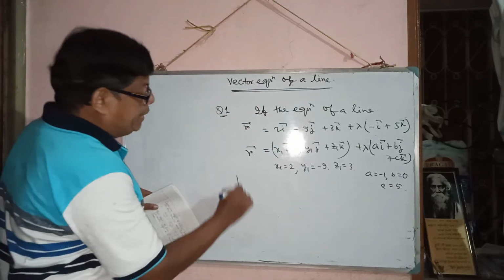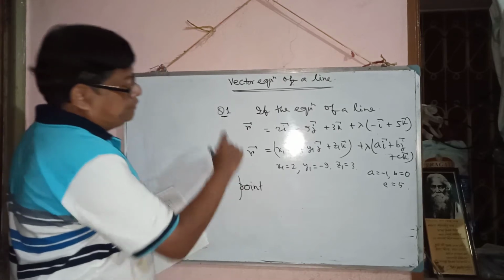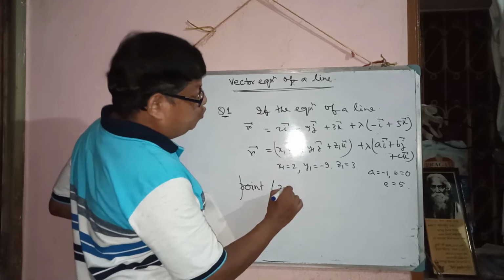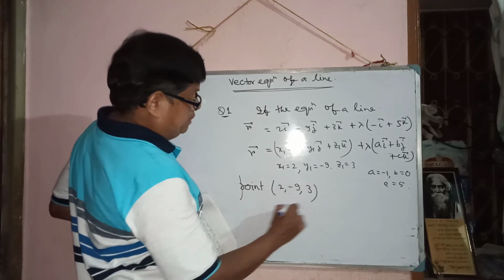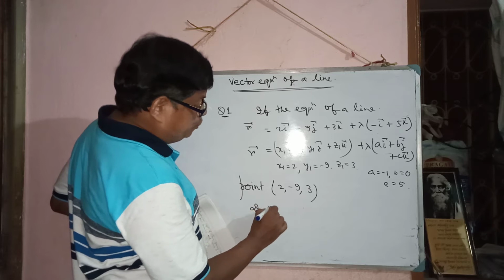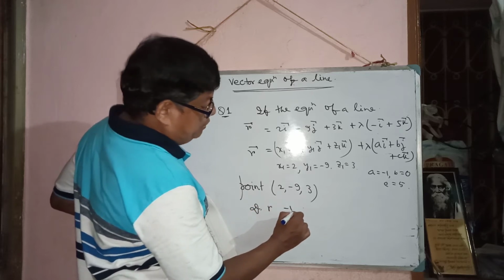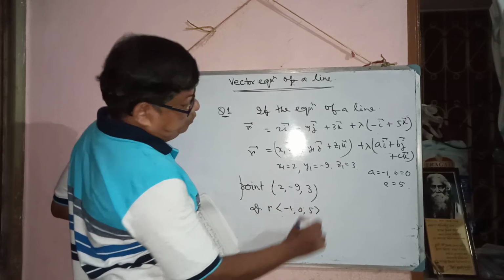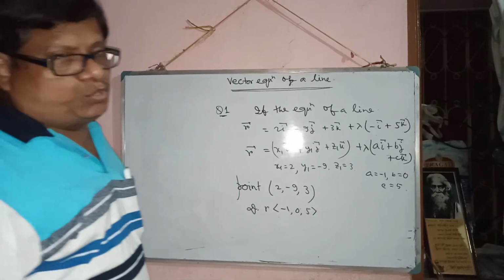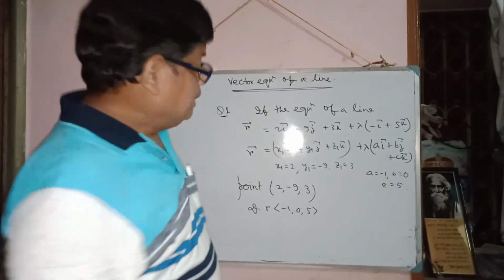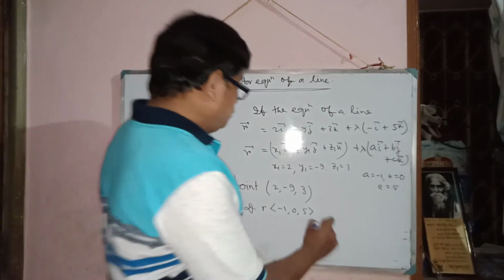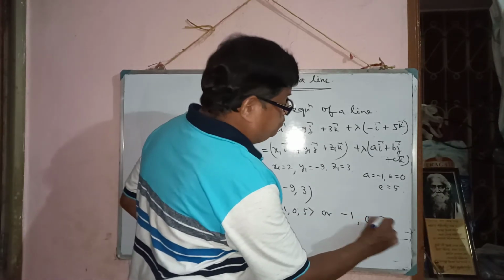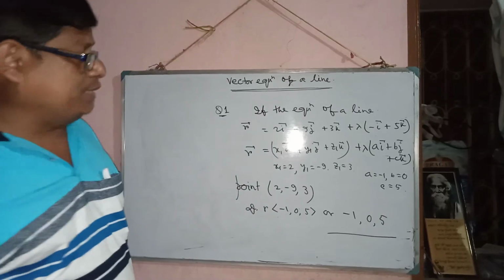So the straight line passes through the point 2, minus 9, 3 and has direction ratios minus 1, 0, 5. Don't write the direction ratios in brackets; just write minus 1, 0, 5.